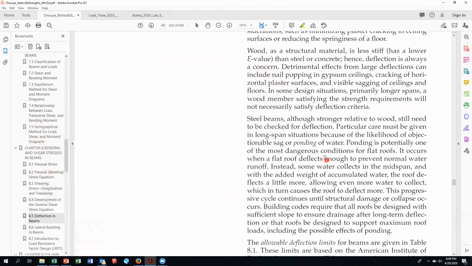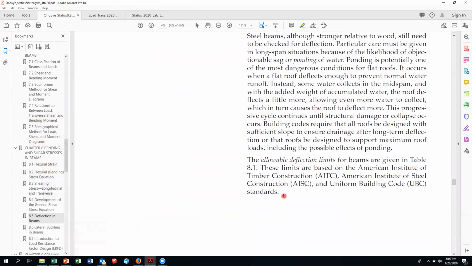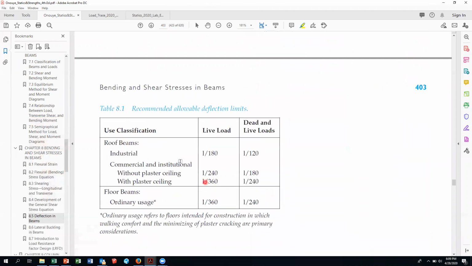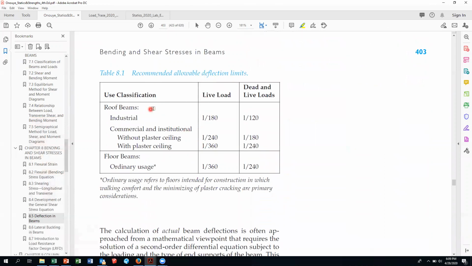So let's see here. Allowable deflections, right? They're given in table 8.1. We'll talk about them in about 2 seconds. This is just a little part of the code, recommended allowable deflection limits.